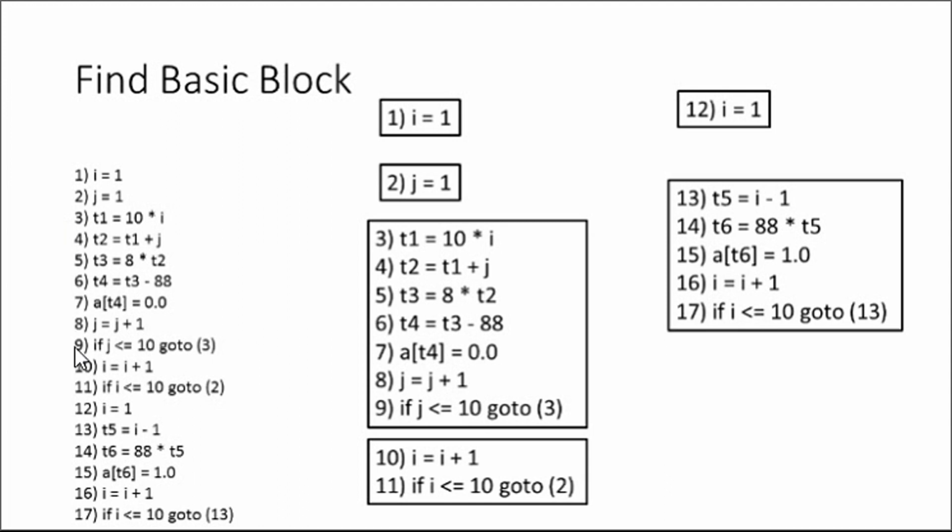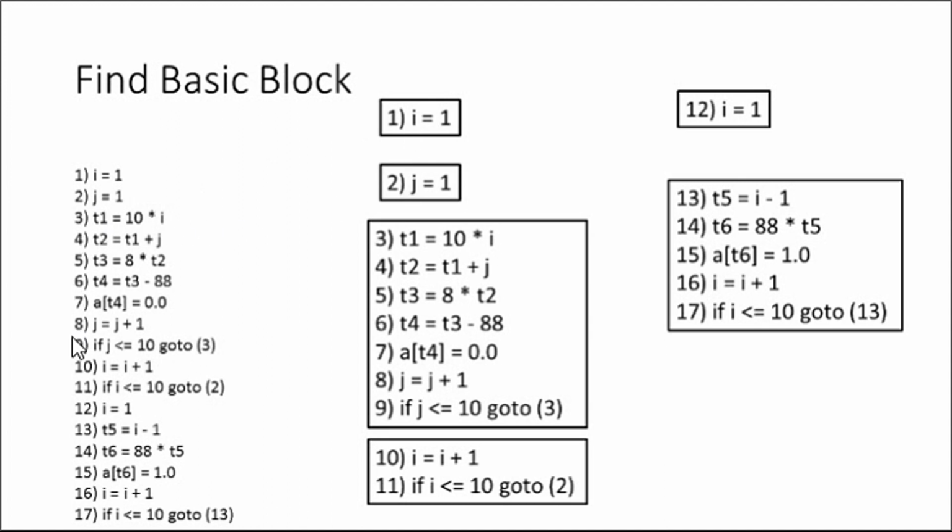And due to any instruction immediately following the conditional jump being a leader, our next block starts with line number 10. But if you observe, line number 11 tells us that if i is less than 10, then go to 2. Means a statement which is the target of a conditional jump is one leader. That's why 1 and 2 become separate blocks, 1 and 2.